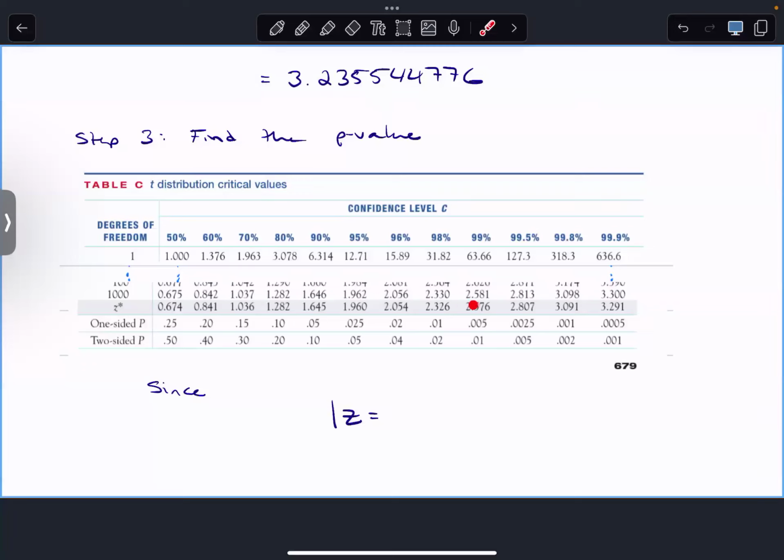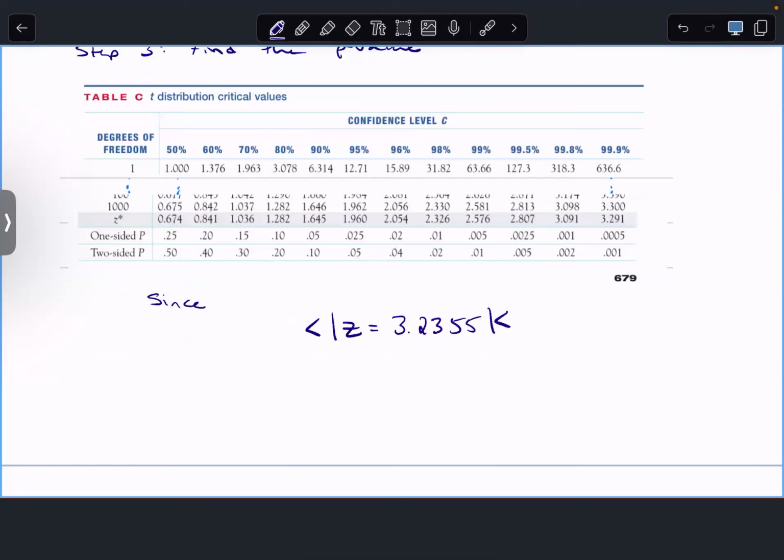And if you're on the cusp of one of these, you'd want to keep more, obviously, but usually 3 is fine. 3.2355, something like that, is between, now, 3.2355 is somewhere here. So it's between 3.091 and 3.291.